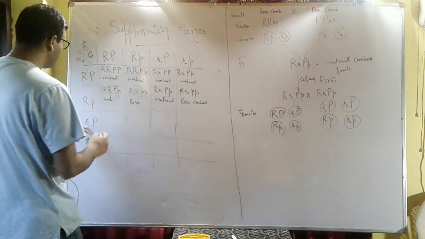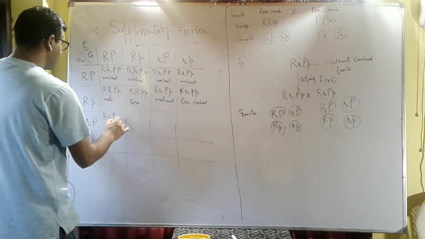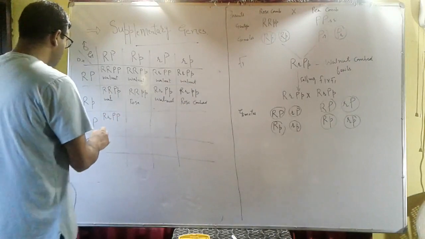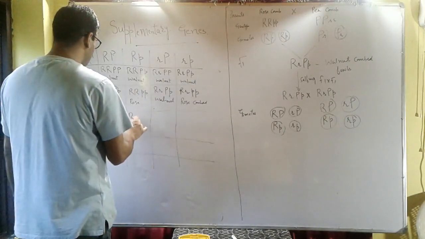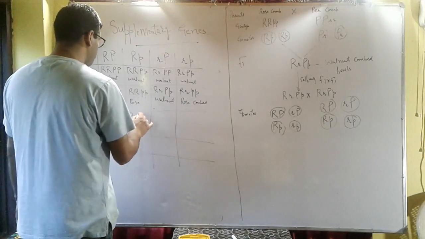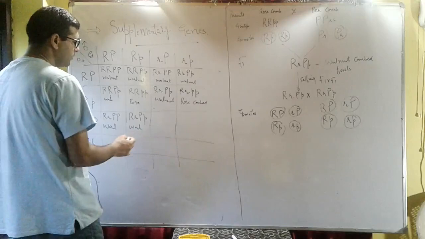Then we have another capital R, small r, capital P, capital P. What is this? This is walnut combed. Then capital R, small r, capital P, small p. This is walnut combed.